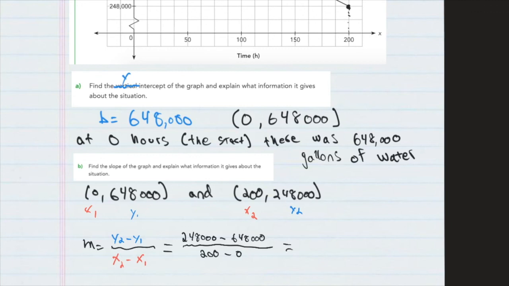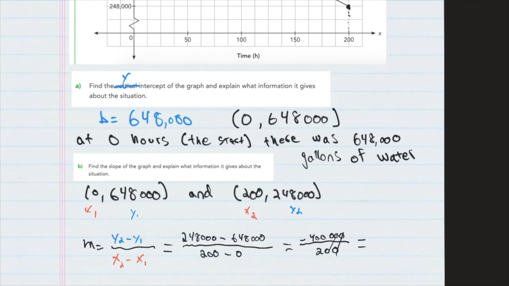And so I'm taking away on top a larger number than what I have. So this is going to be negative 400,000 over 200. And I simplify that, I can get rid of these zeros.